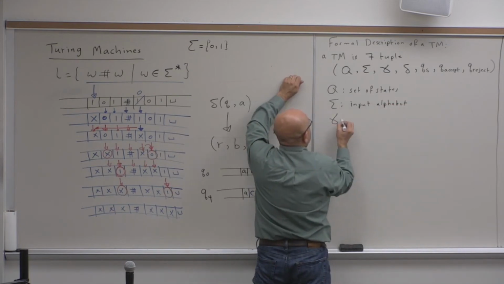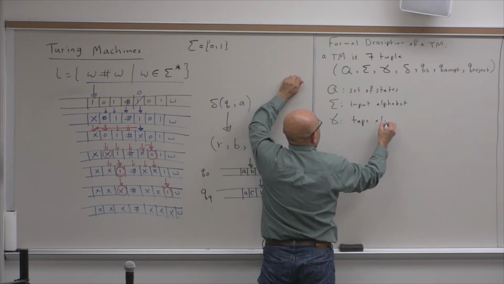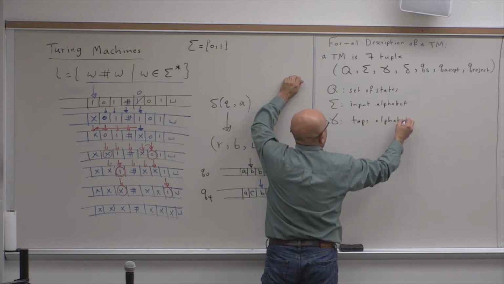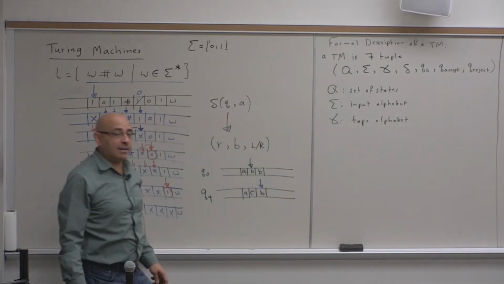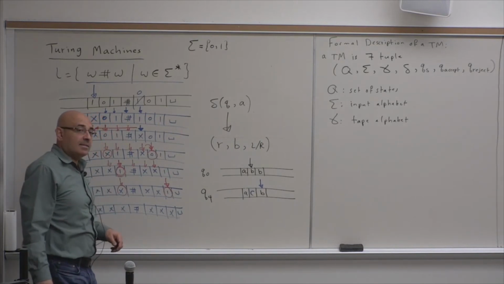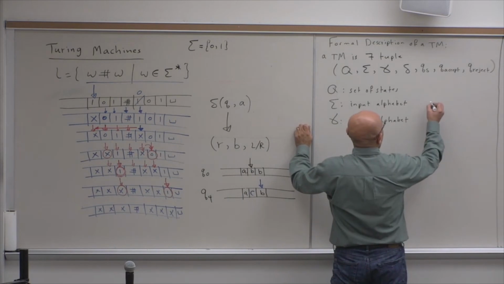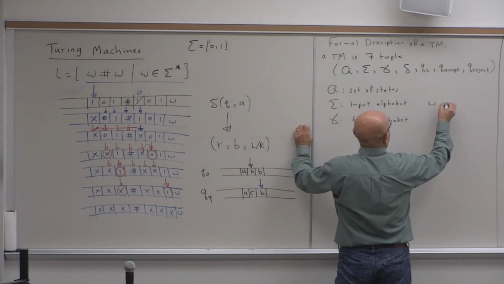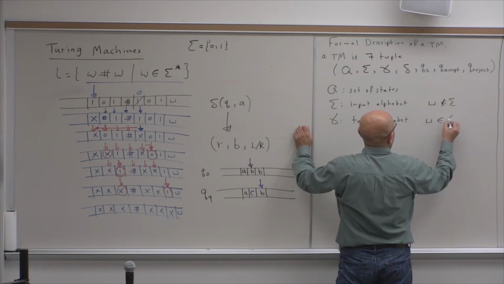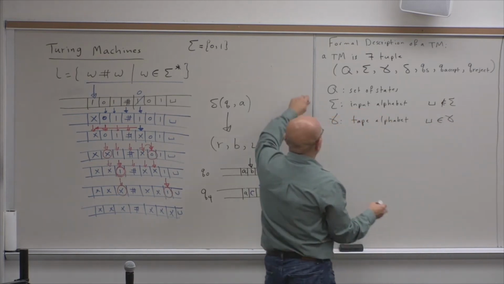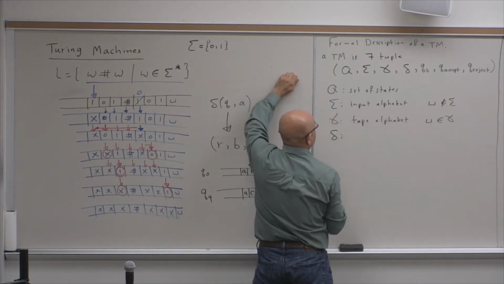And gamma is the tape alphabet. In push-down automata, we have the input alphabet and the stack alphabet. And the blank symbol does not belong to sigma, and it belongs to gamma. And delta is the transition function.